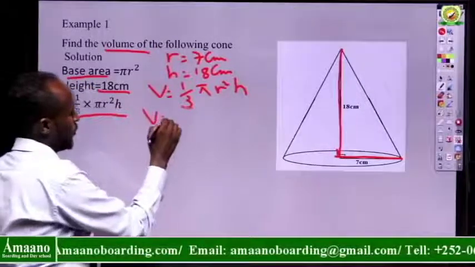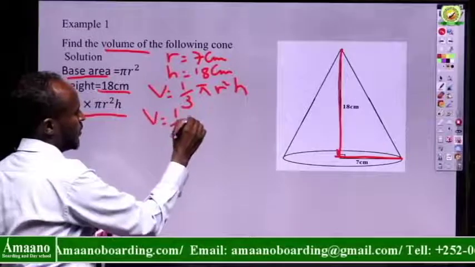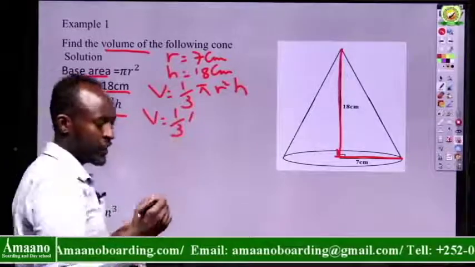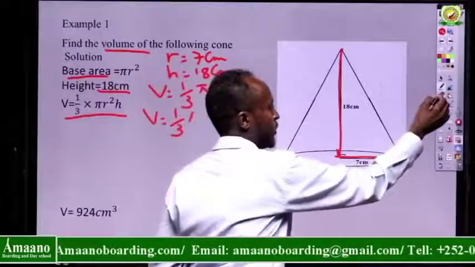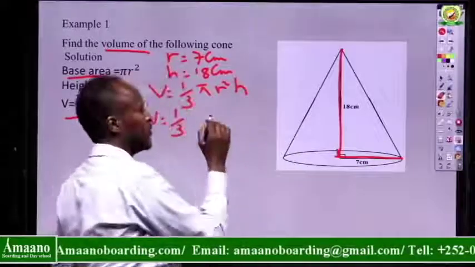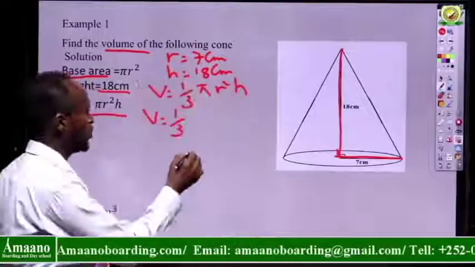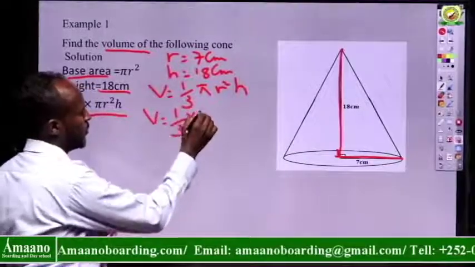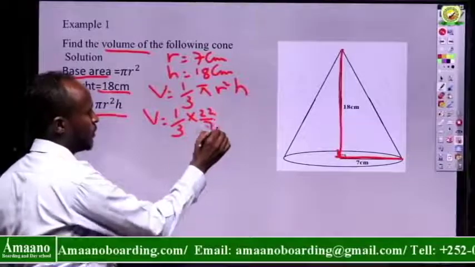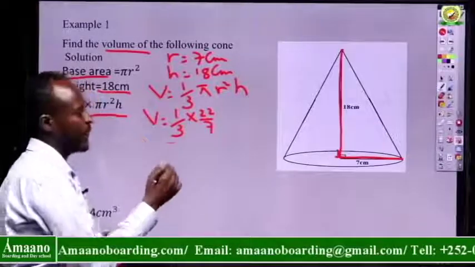This is the volume: 1/3 pi. We can use pi as 22/7 or 3.14. Let us use 22 divided by 7, which is the constant pi.